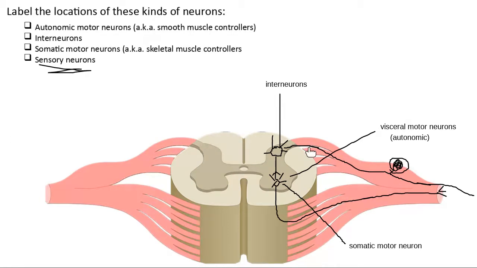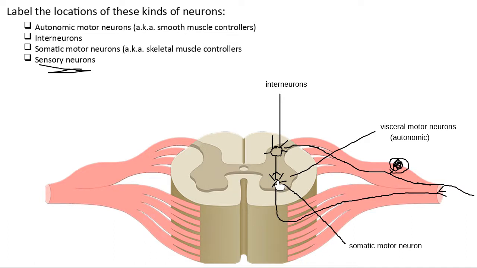They send information in to the dorsal horn with their axon terminals, but their cell bodies are out here in the dorsal root ganglion. The dorsal horn is where interneurons live, the ventral horn and the lateral horn are where my two types of motor neurons live.